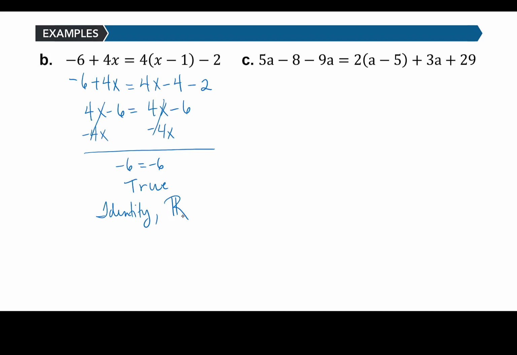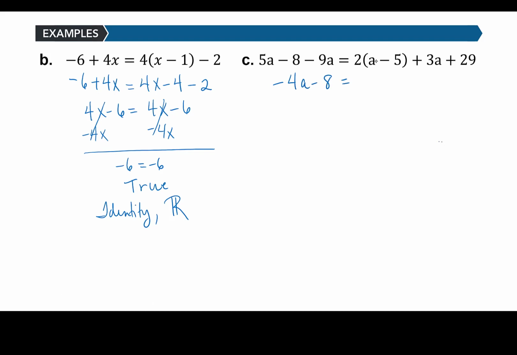In part C, I have the equation 5a minus 8 minus 9a equals 2 times the quantity (a minus 5) plus 3a plus 29. Combining like terms on the left, 5a minus 9a is negative 4a, minus 8.